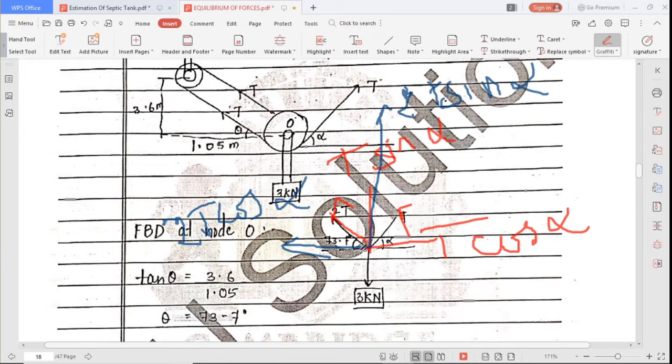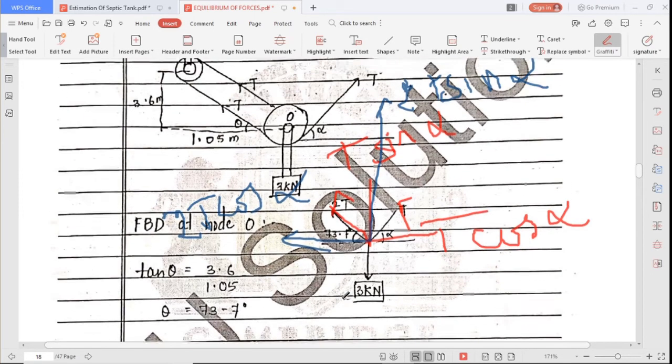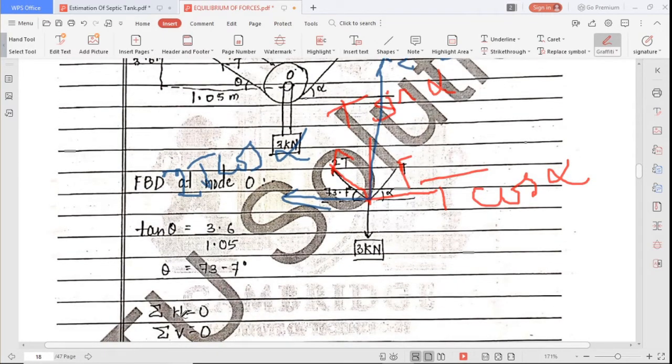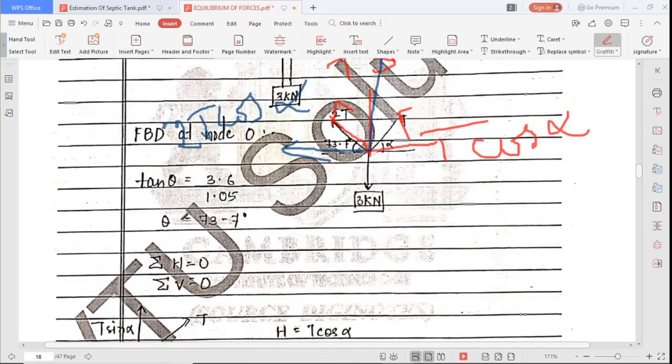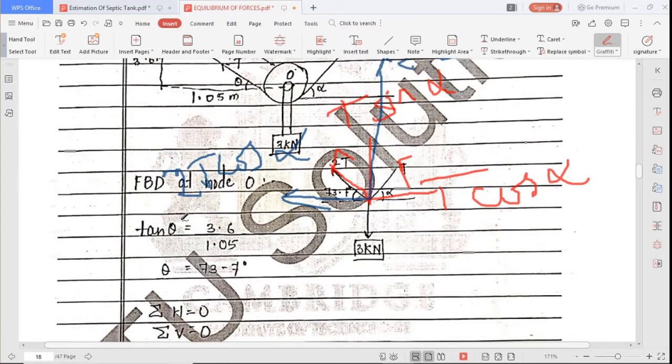In the horizontal direction it will become 2T cos alpha, in the vertical direction it will become 2T sin alpha. Now apply sigma H equal to 0, taking left to right as positive. Here they have taken separately and calculated. You can do this, but I'll tell you one method only, without separating out.